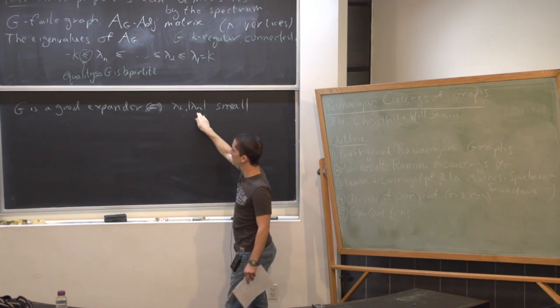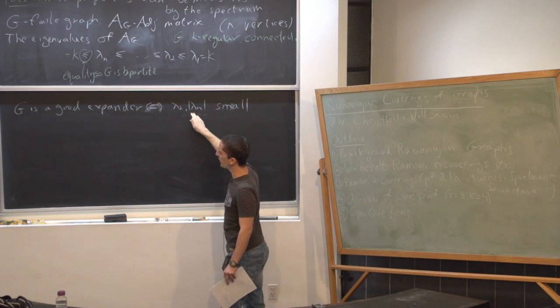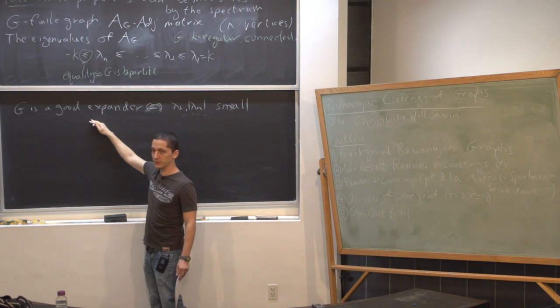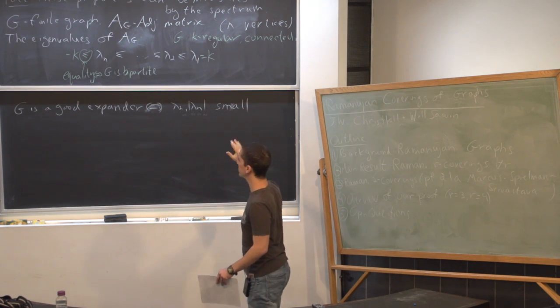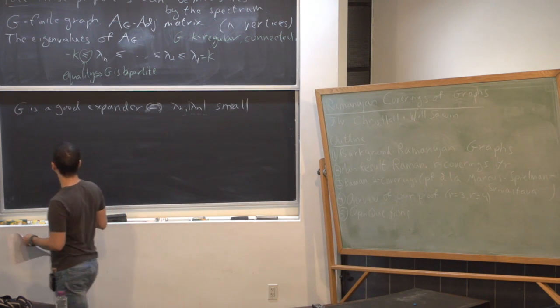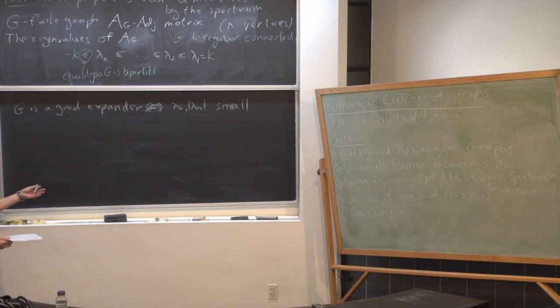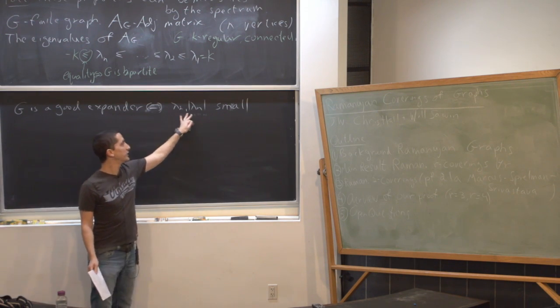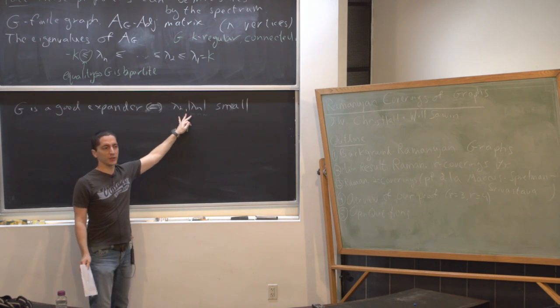The smaller lambda 2 and lambda n are in absolute value, the better expander G is. So this is the big picture. The optimal expanders will be graphs where these two eigenvalues are as small as possible.